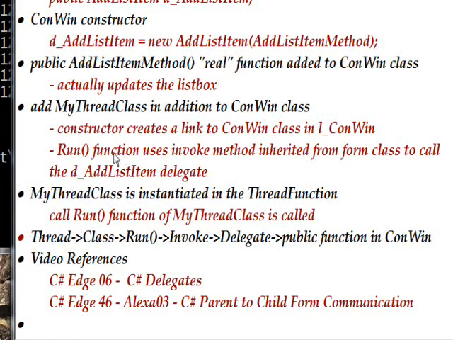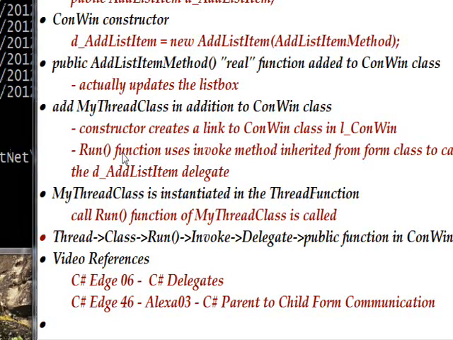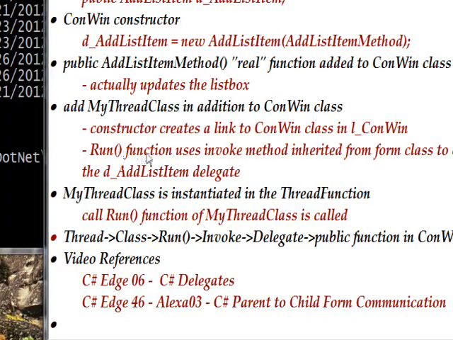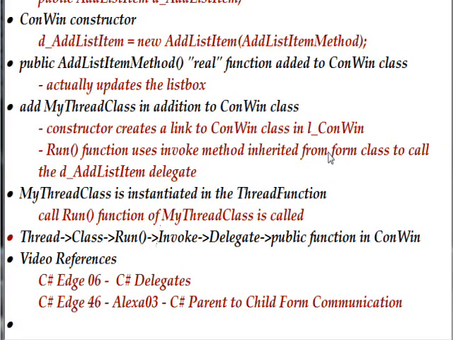And then the only method really within the MyThread class is Run. And the Run method uses an Invoke method that's inherited from the Form class to call the delegate we created in the ConWin class, the d_AddListItem delegate.